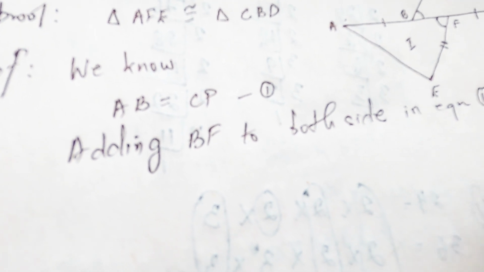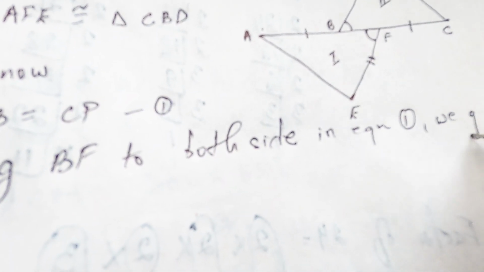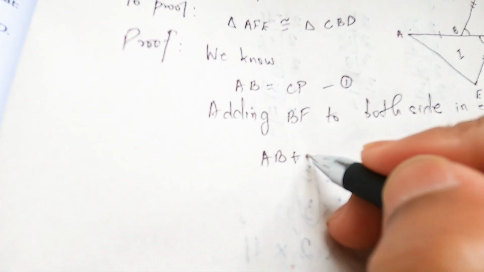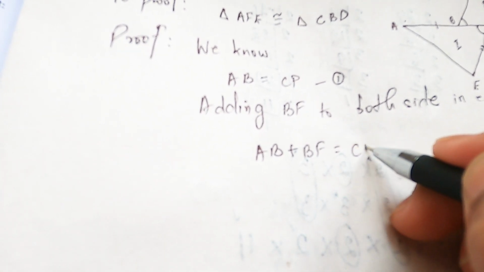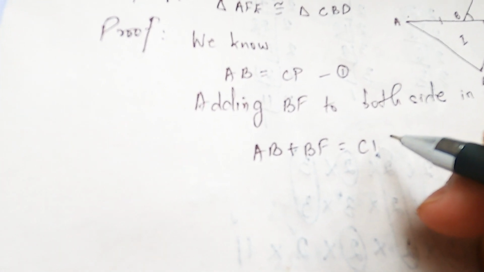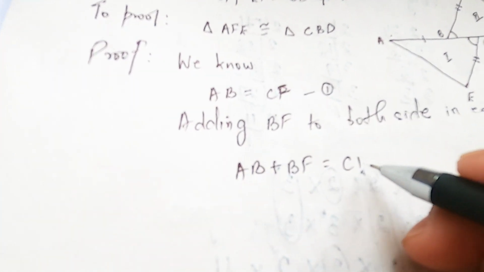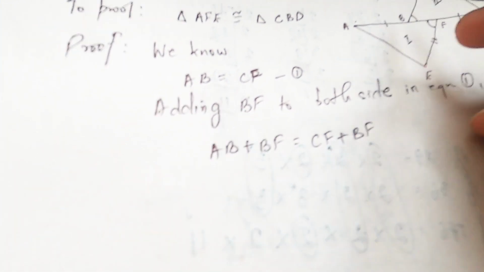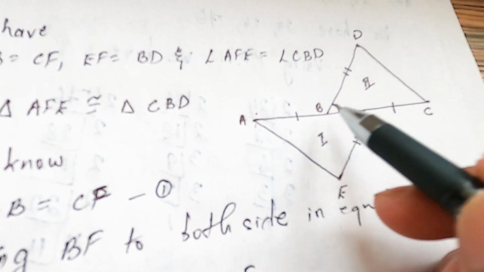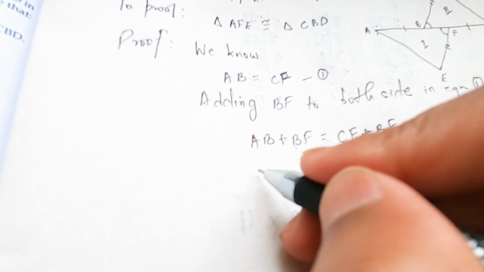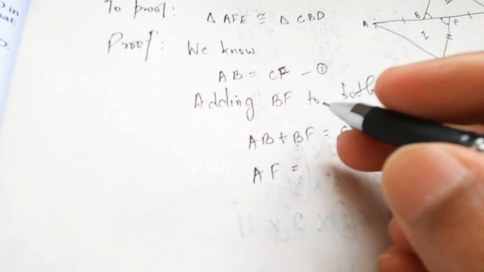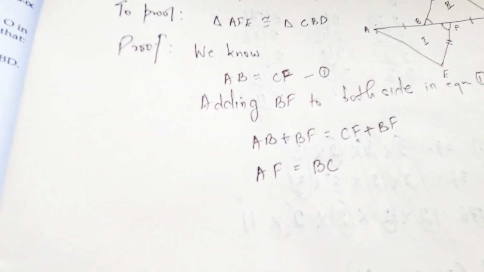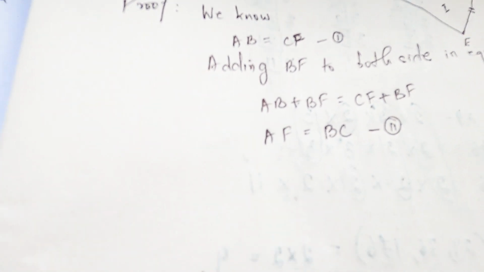In equation 1 we get AB plus BF is equal to CF plus BF, this is CF, not CP. So AB plus BF we will be getting AF. So AF is equal to BC. Alright, so this is equation number 2.